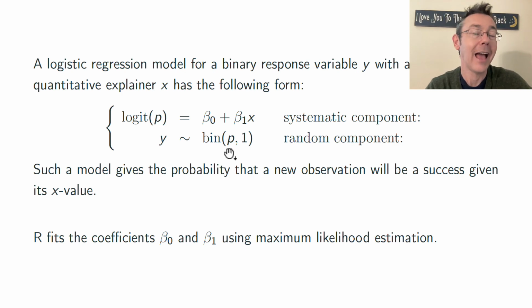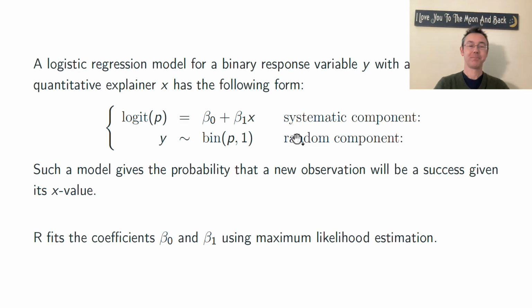So then we get the actual value out of this model using the random component. And the random component just says that the y values for that specific x are going to have a binomial distribution with probability of success P and 1 repetition. So these are Bernoulli trials is what's going on here.